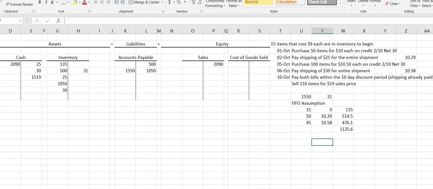Okay? And each of those are going to cost us $10.58, right? Because that's what group it came from. And so that's going to equal $581.90.